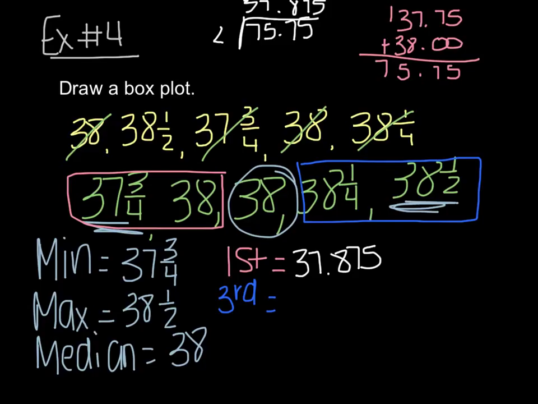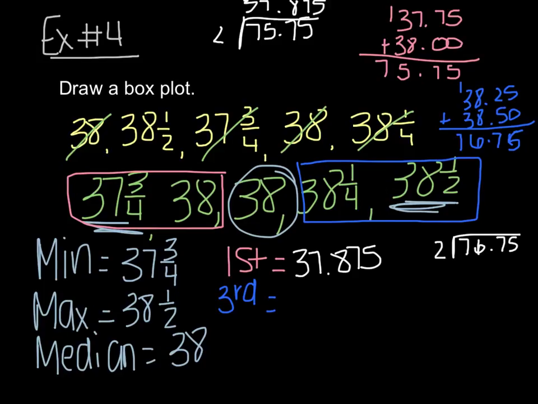So 38 1/4, 1/4 is the same as 25/100. Plus 38 1/2, we know a half is 50 hundredths. Bring the decimal down. And we get 76 75/100. And then, of course, we have to divide that by 2 since there are two numbers.